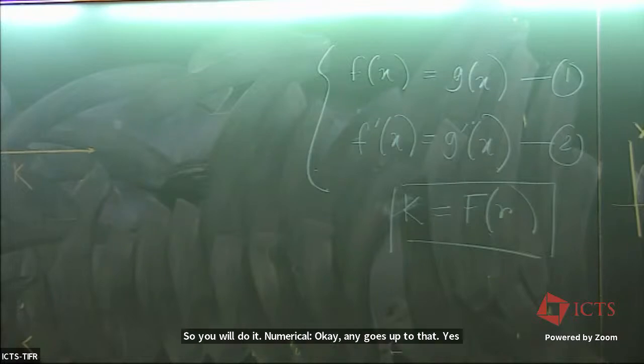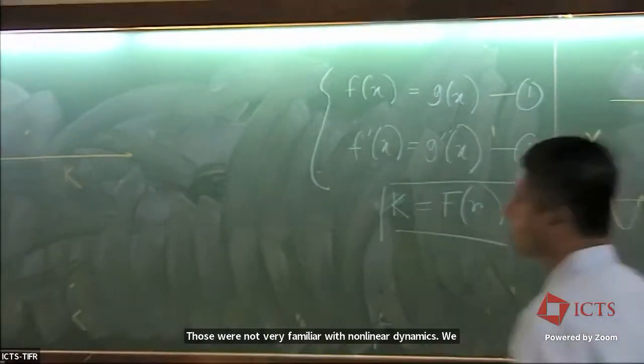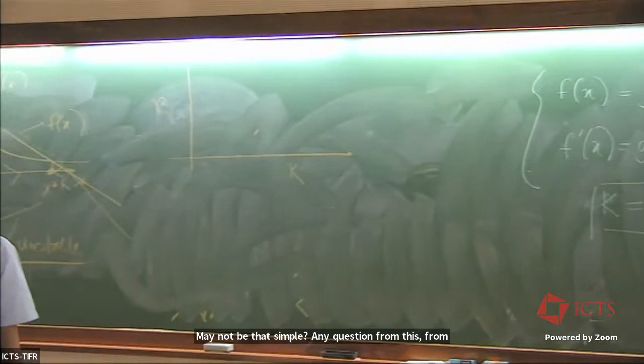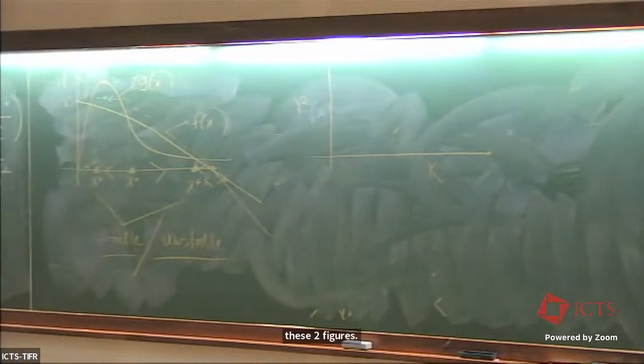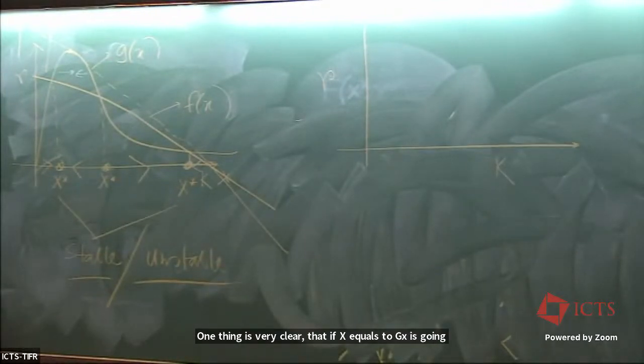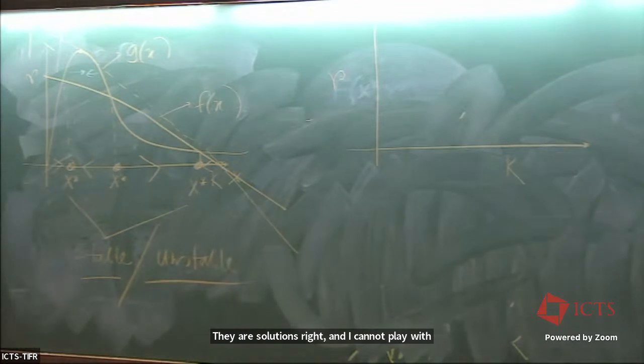Those who are not very familiar with nonlinear dynamics may not find that simple. Any question from these two figures? One thing is very clear, that f(x) equals g(x) is going to give me a bunch of equilibrium points. They are solutions, and I cannot play with g(x) because g(x) is x by 1 plus x square. There is no parameter involved. But obviously, in the model, I can play with the growth rate. I can also play with the carrying capacity.